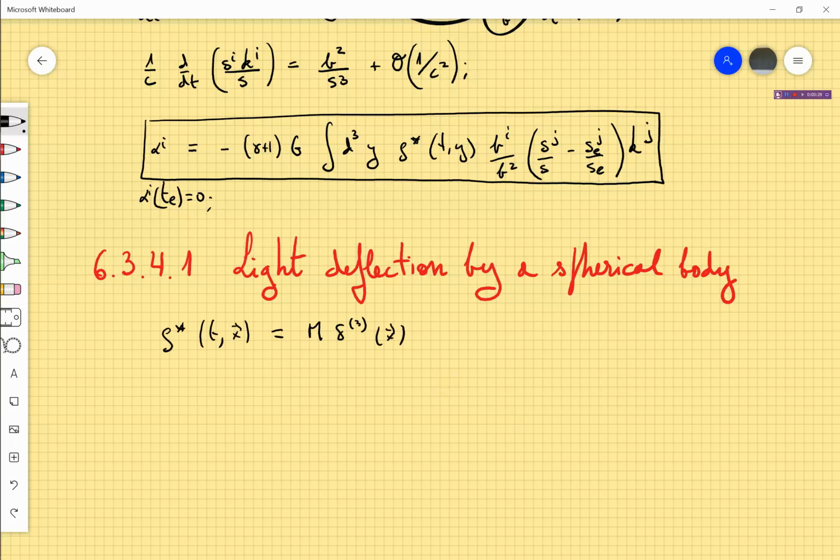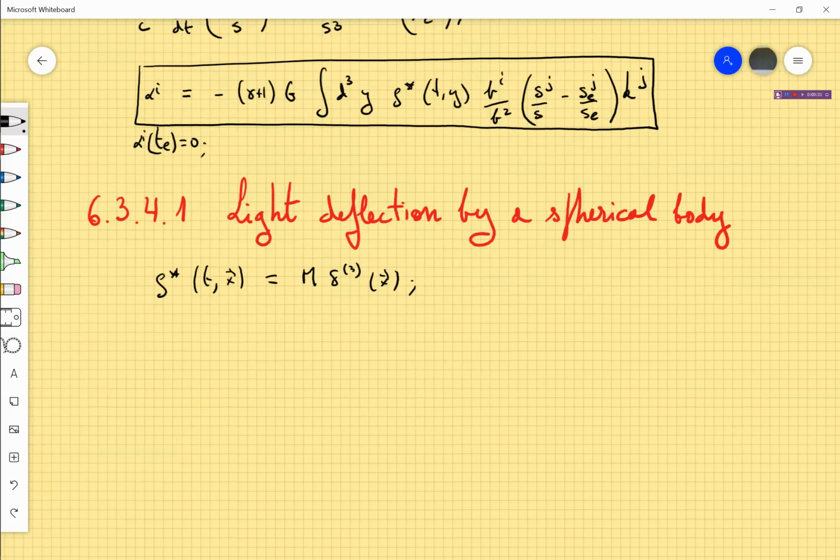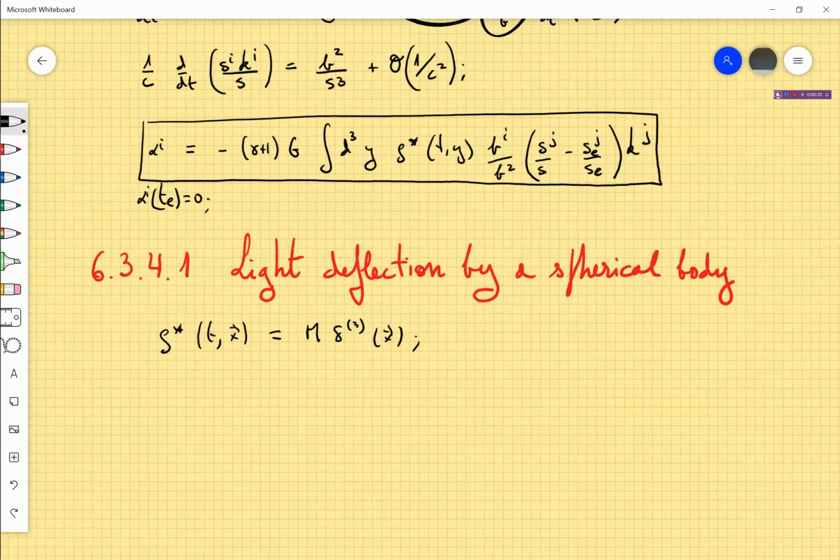Again, this is an approximation. In this case, we can immediately perform this integral for alpha I. So alpha I could be minus gamma plus 1 g, and we replace y by x, sorry, by 0 everywhere.